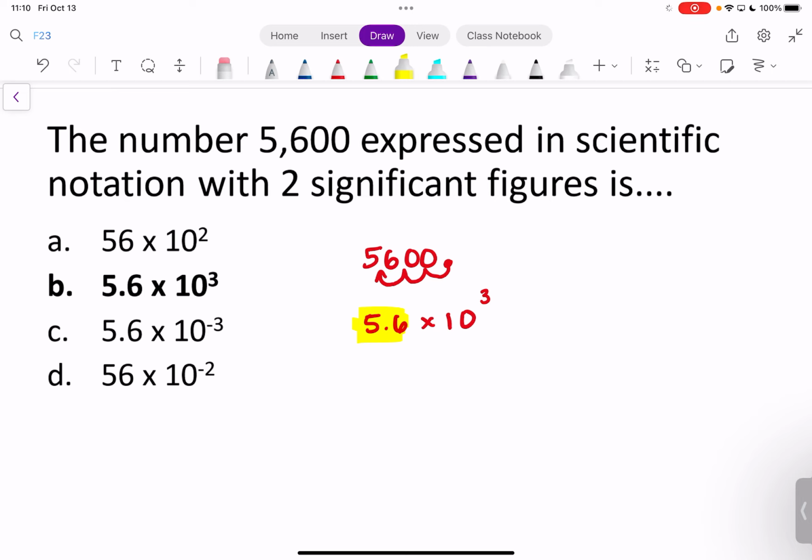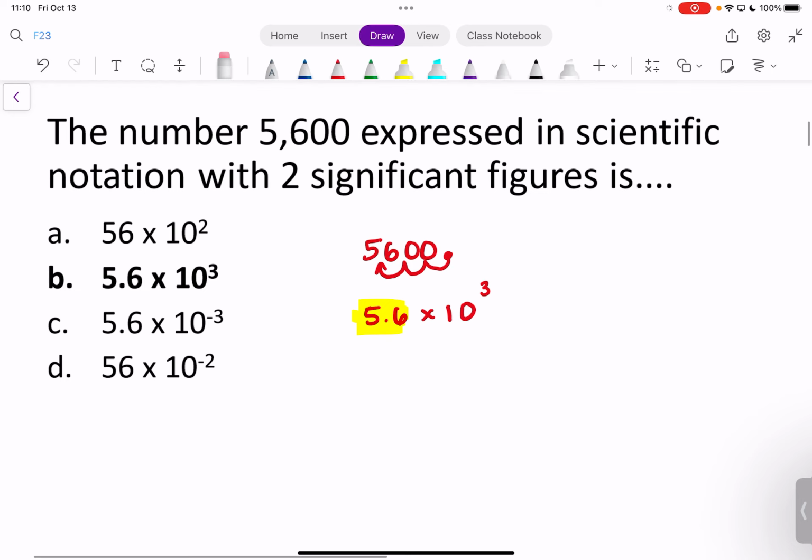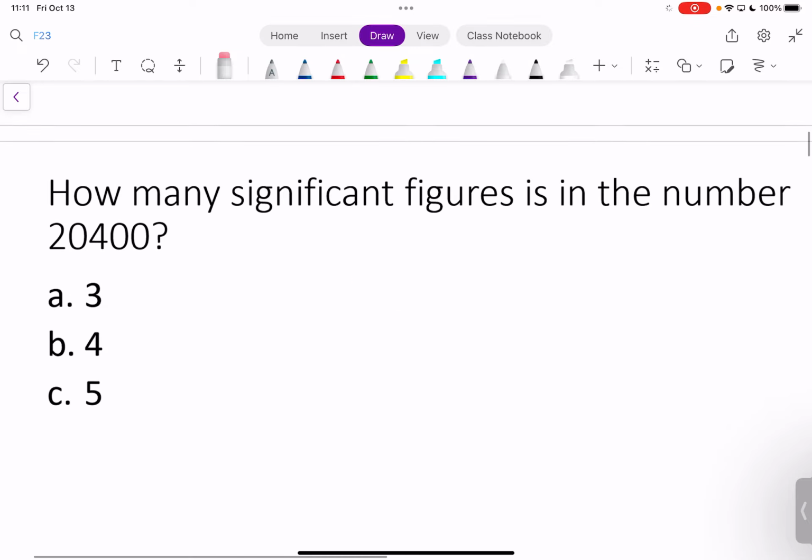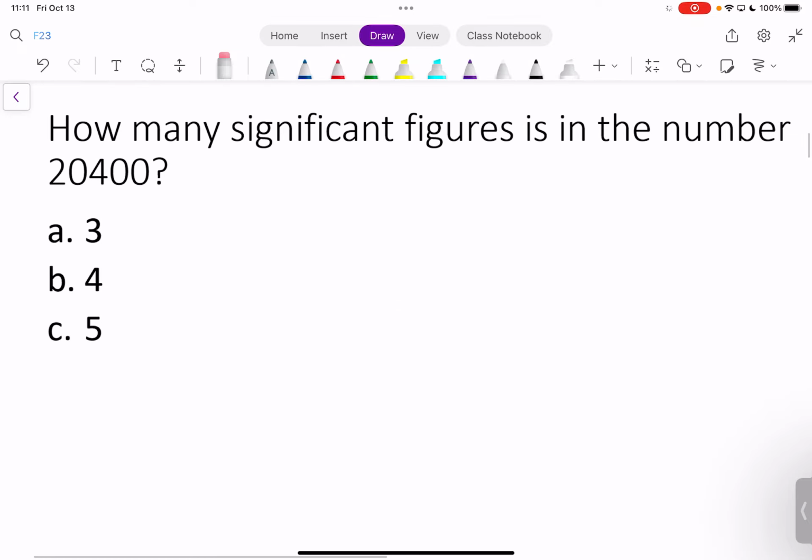Whatever number of sig figs you have before your times 10 to the something is how many sig figs there are. So that's why it's 5.6. Sound good? Make sense? Questions?